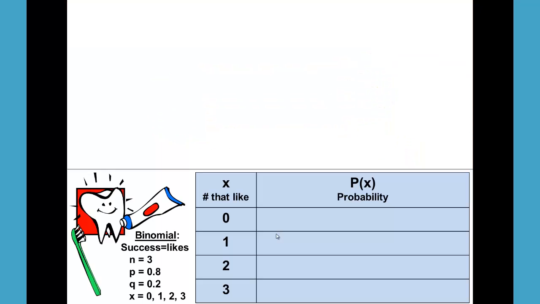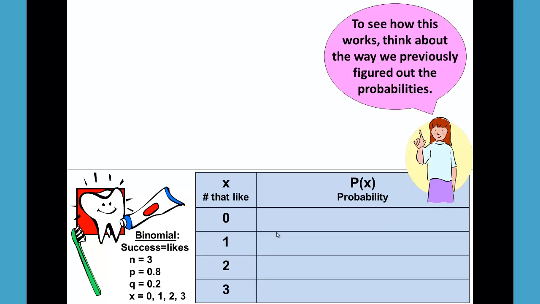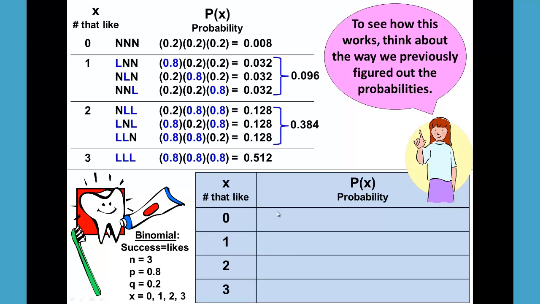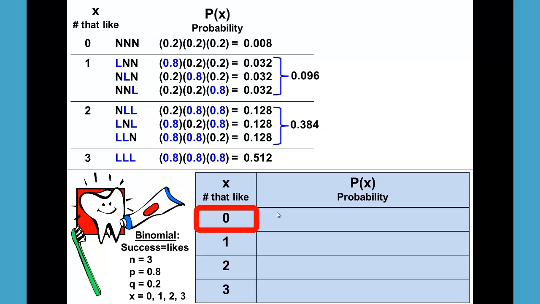And this is technique 3. To see how this works, we want to think about the way we previously figured out the probabilities. And here are the answers that we previously got. For 0, we looked at this line highlighted at the top with 3 of the children not liking the toothpaste.